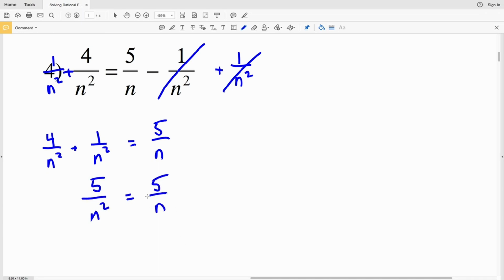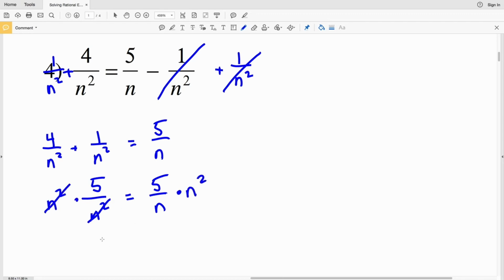Now I want the n out of the denominator. If I multiply both sides by n, unfortunately, since this is an n squared, I'll still have an n on the denominator even after I multiply by n. So instead, I'm going to multiply both sides by n squared.